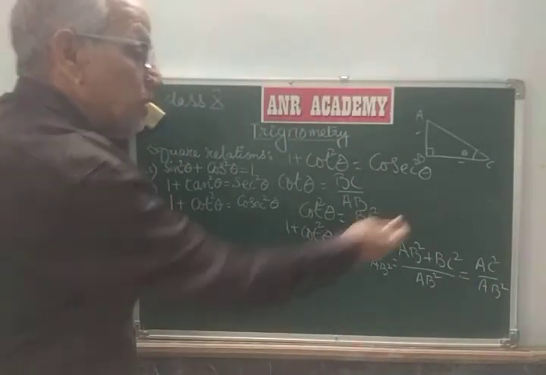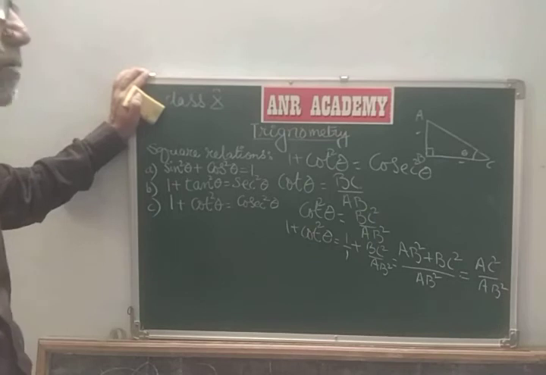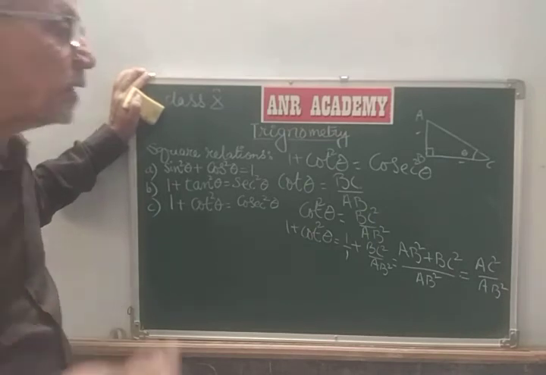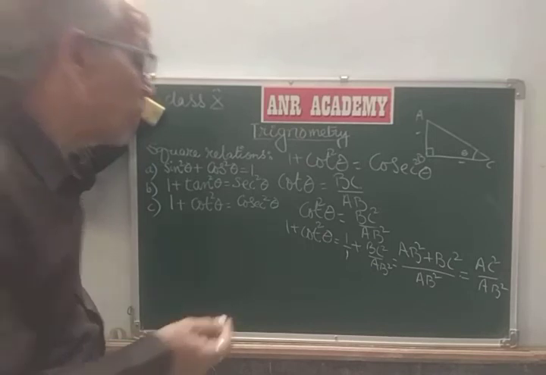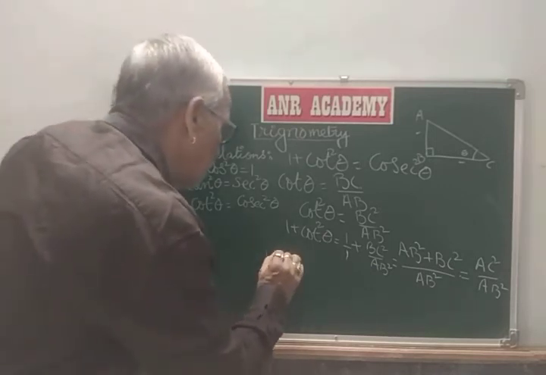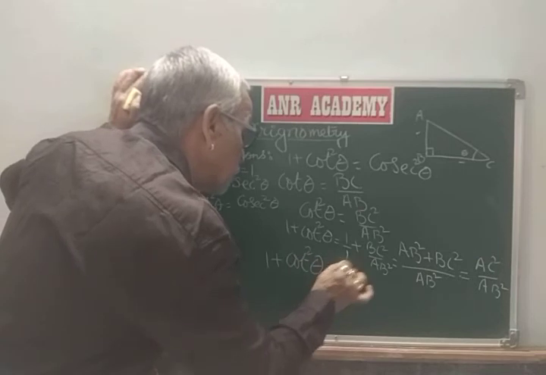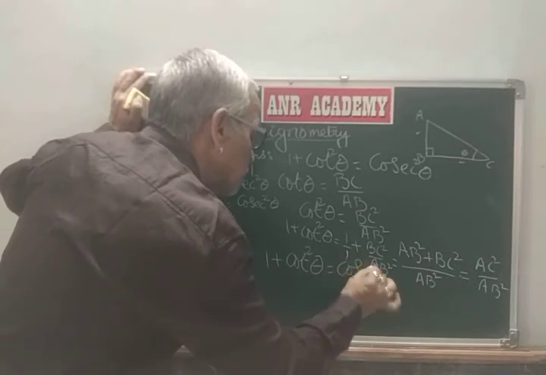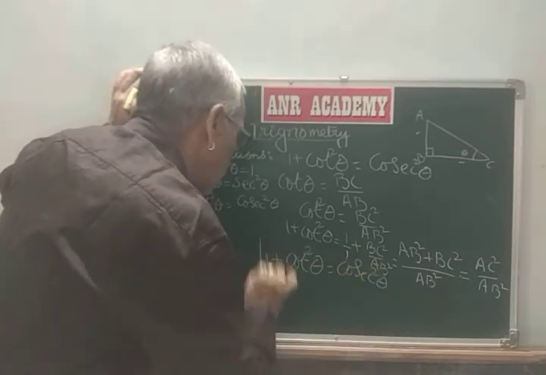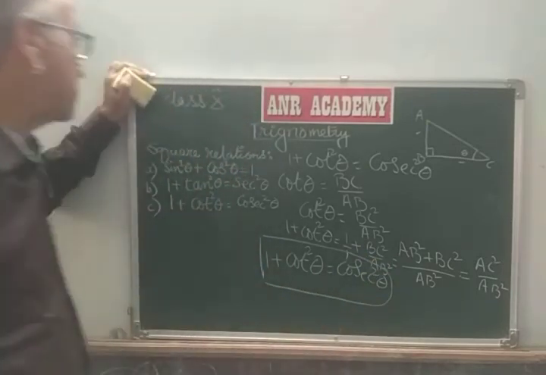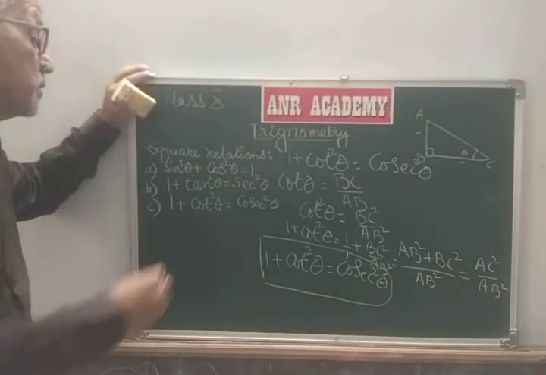What is AC square by AB square according to our definitions? It is cosec square theta. So 1 plus cot square theta is equal to cosec square theta. I think you understood these square relations.